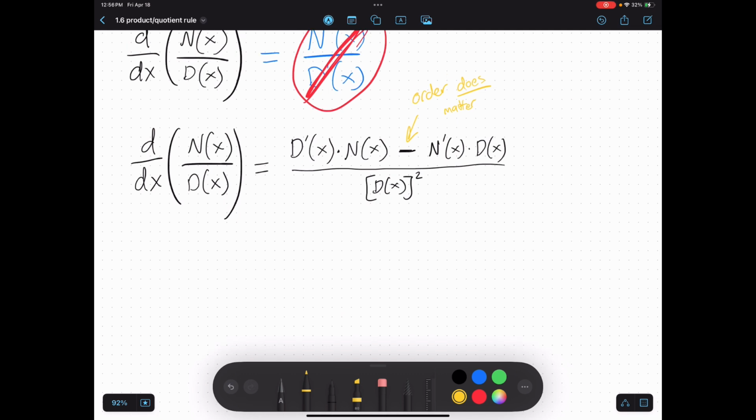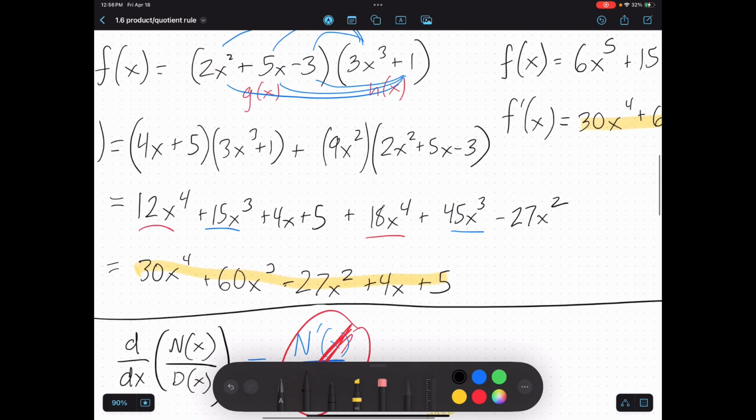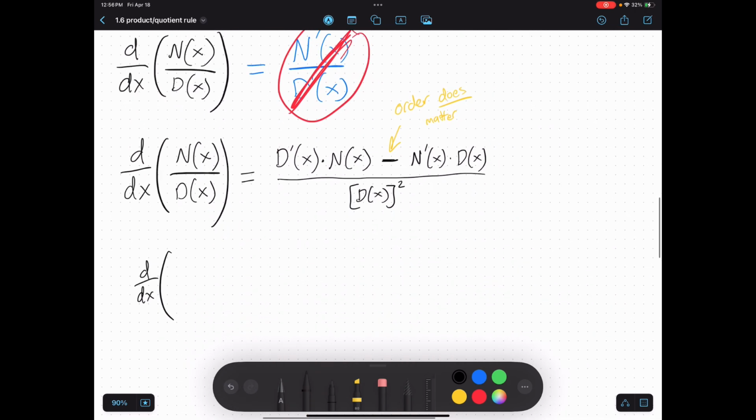That's how it works. So if I were to take those same two functions that we were working with earlier and use the quotient rule on them, let's see. Let's do 2x squared plus 5x minus 3 in the numerator and 3x cubed plus 1 in the denominator. And if I wanted to take the derivative of that quotient of functions, then I could use this rule right here.